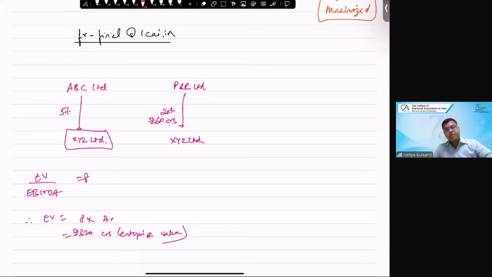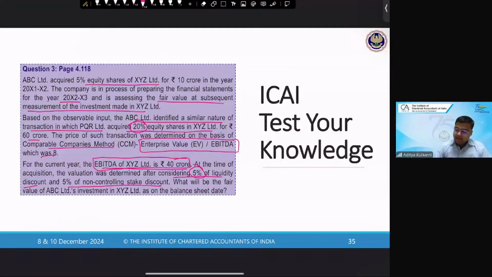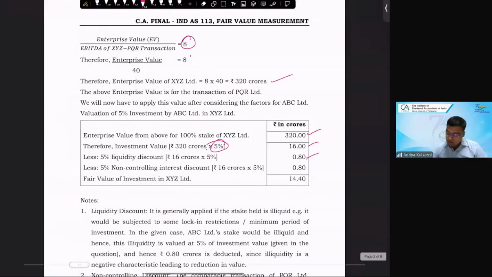No. So because of this there is a discount attached to it. That discount is known as non-controlling interest discount. Are you able to follow? Yes, sir. Yes. So therefore, fair value of investment in XYZ Limited comes to 14.4.